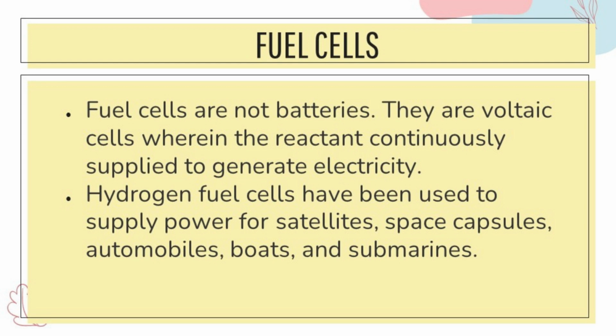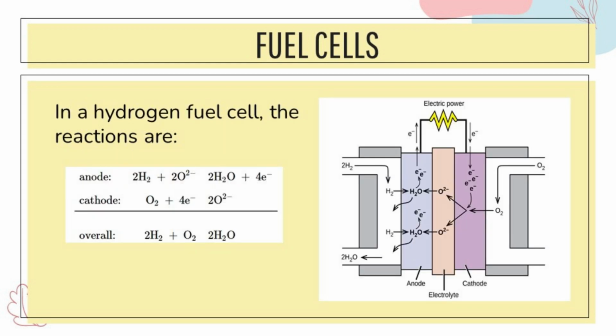Okay, so next we have here the mechanism for the fuel cell. Okay, so we have here the hydrogen fuel cell. Okay, so always remember in the hydrogen fuel cell, what we're going to use is the water. Okay, so the water will then be broken down into simpler substances, producing oxygen gas and hydrogen gas, that will then pump up or provide energy to our different types of transportation.